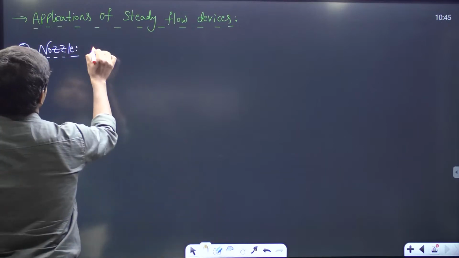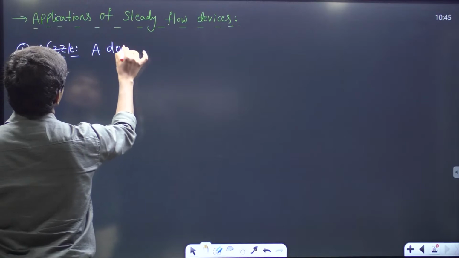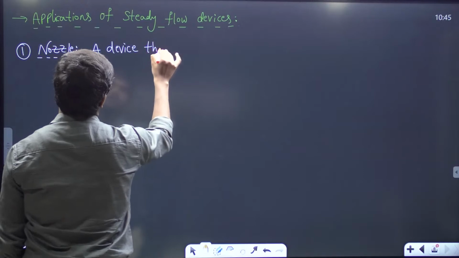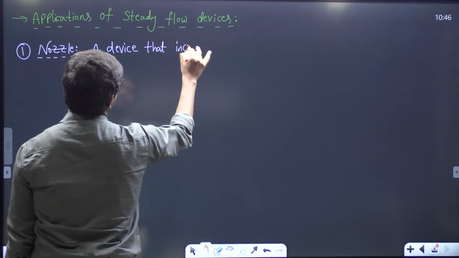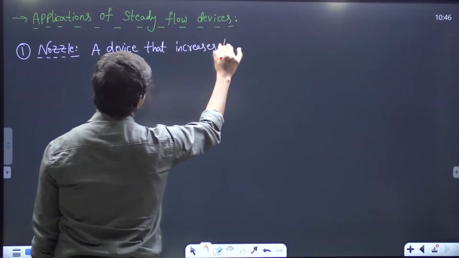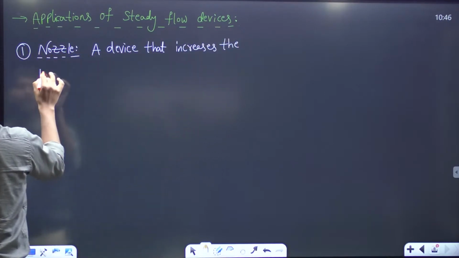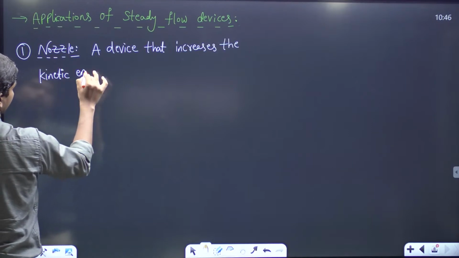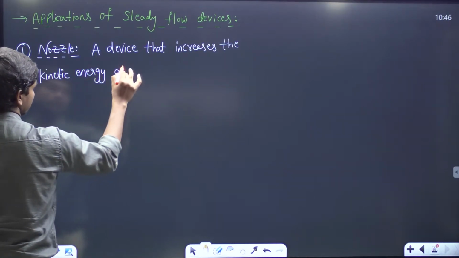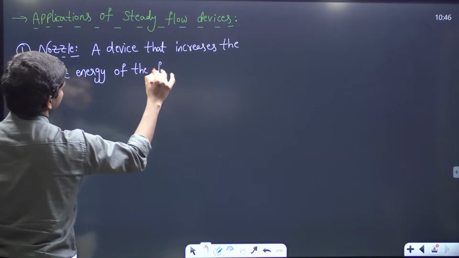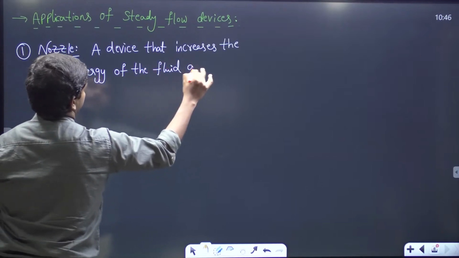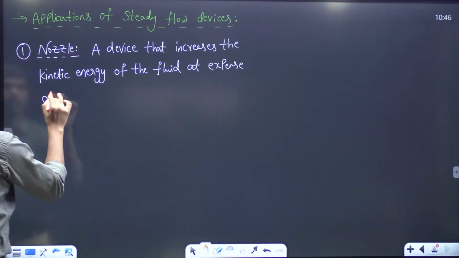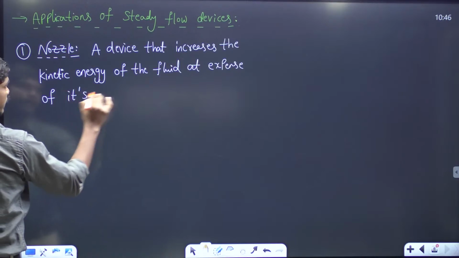So a device that increases the kinetic energy of the fluid at the expense of its pressure energy.